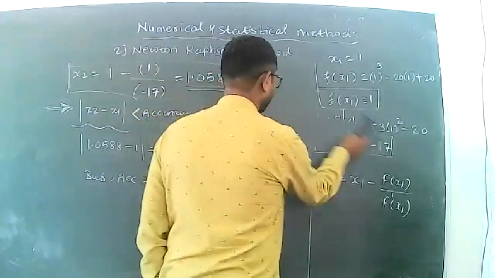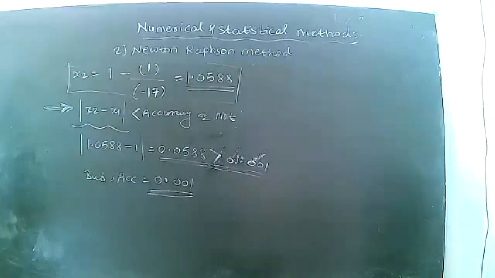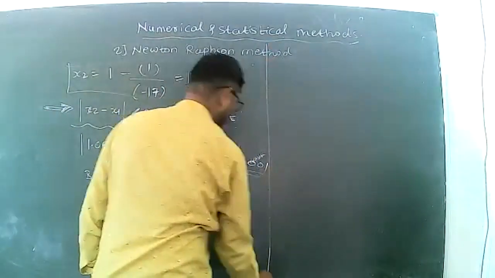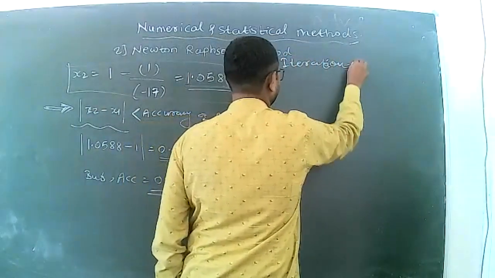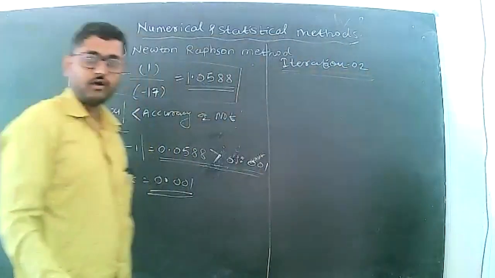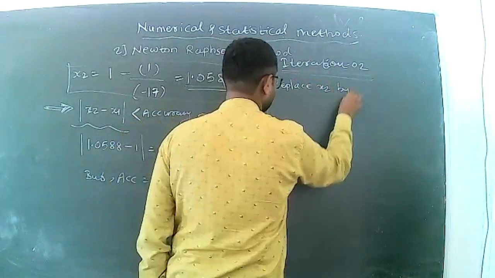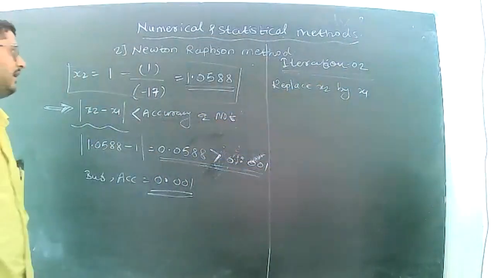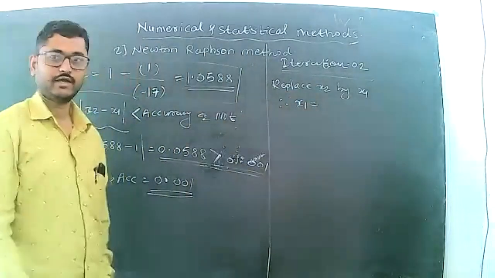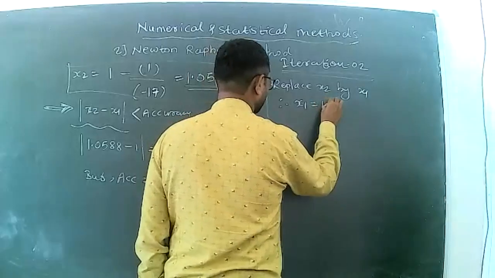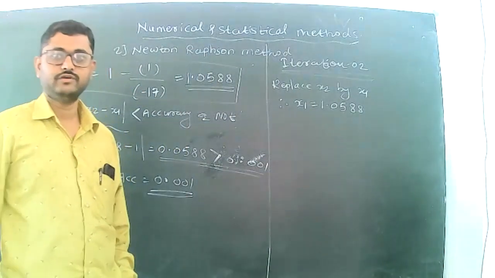For iteration number 2, you have to replace x1 by x2. That means x1 is now 1.0588, the previous value from iteration 1.